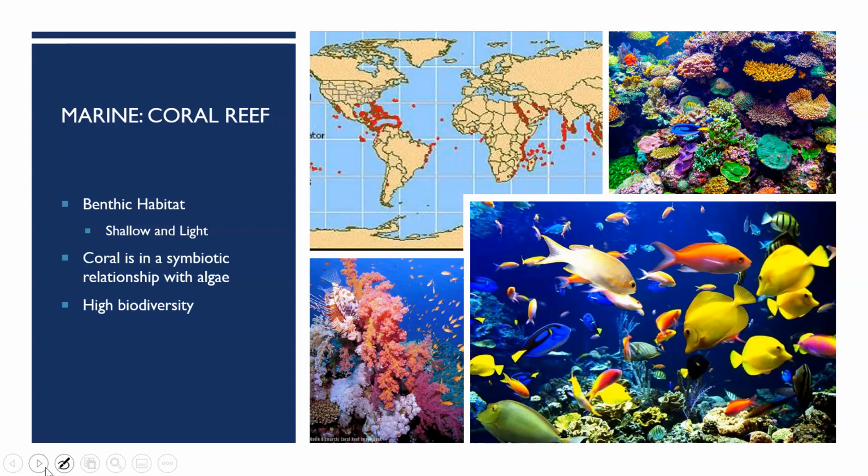Corals require sunlight because they're in a symbiotic relationship with algae. We've got the calcium shells, the skeletons of the coral reef, and then they take in photosynthetic algae in a symbiotic relationship.